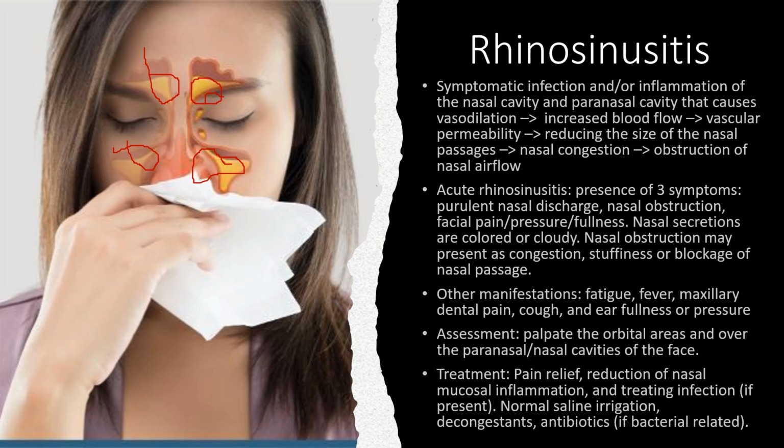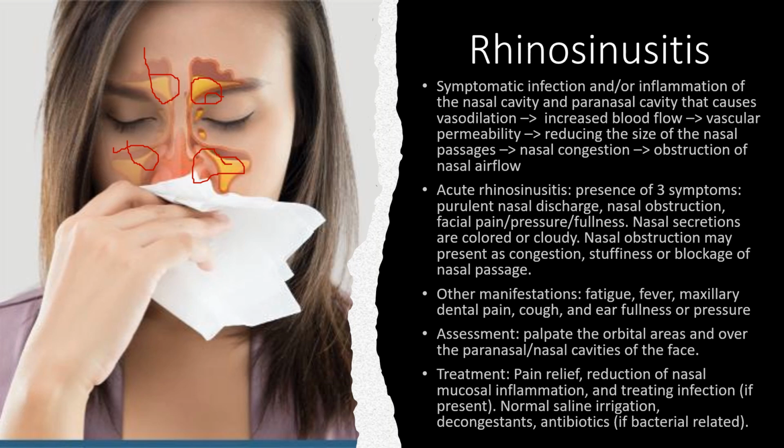And then antibiotics. If it's bacterial based, then antibiotics are indicated. However, if it's viral, we really want to prevent giving antibiotics. If it's left untreated, again, it can result in several complications. They're rare, but it could become orbital cellulitis. They can get an abscess, osteomyelitis or bone infection there, meningitis, sepsis, and subdural abscess.